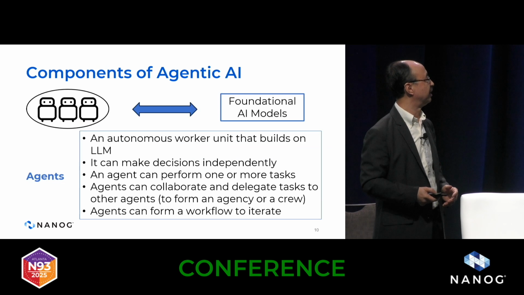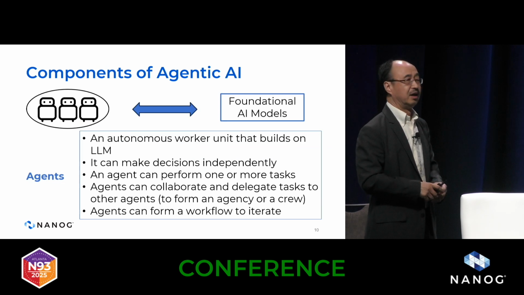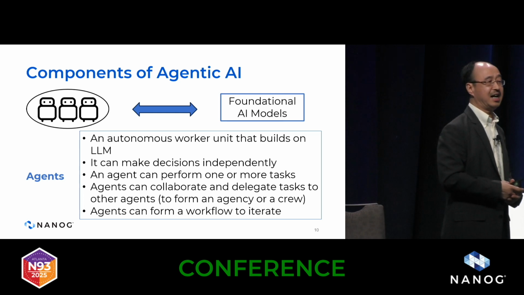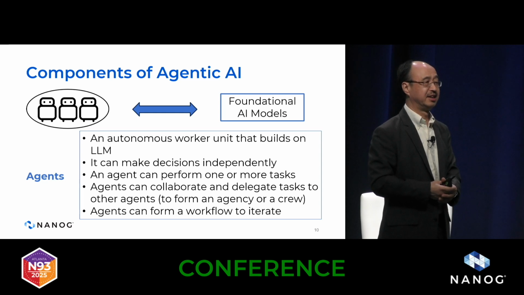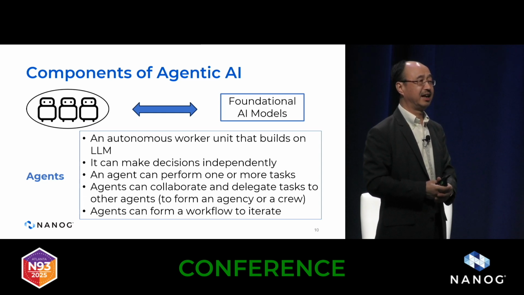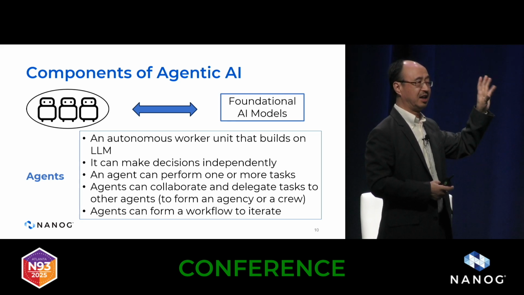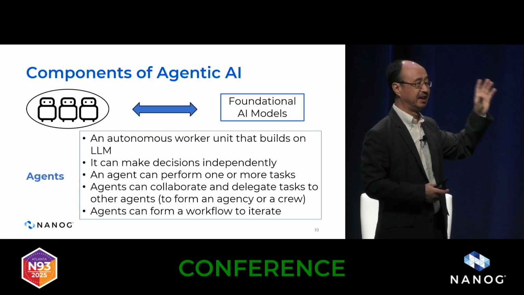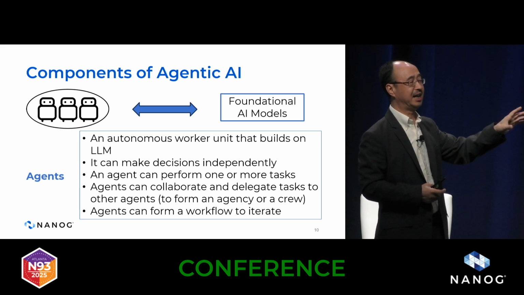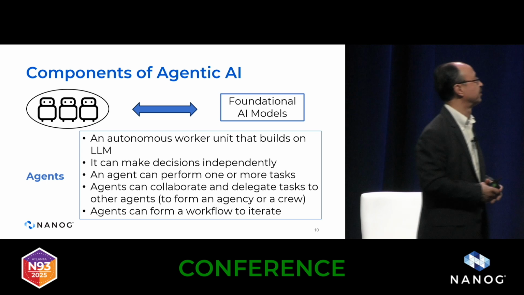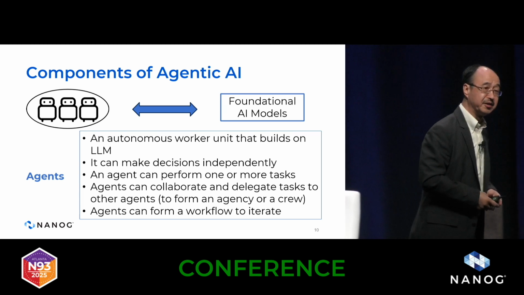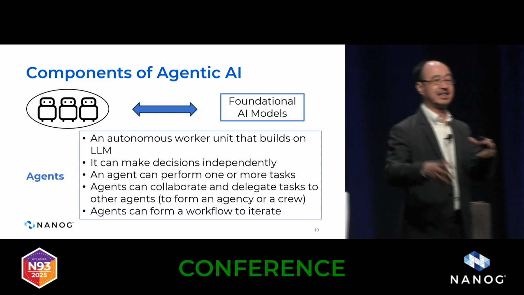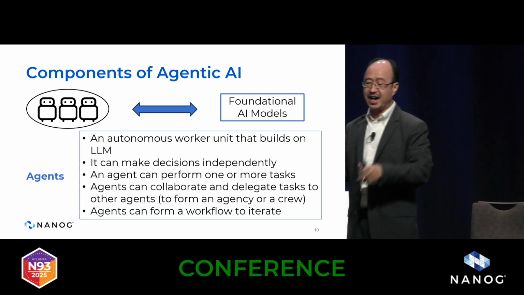We're going to talk through some of this concept right here. A key part of agentic AI is agents. We heard quite a bit about agents these days, right? AI agent is one of the most searched items on the internet, and it's the top trend for AI development in 2025. What is an agent? An agent is an autonomous worker unit that does something that we define.